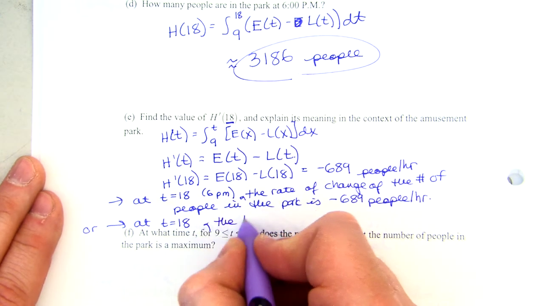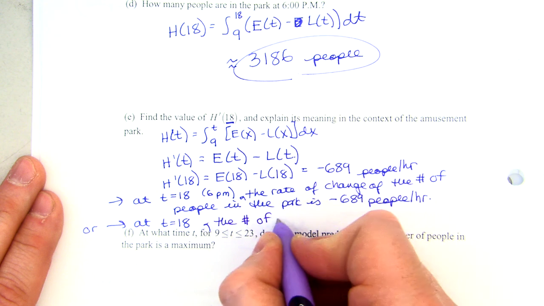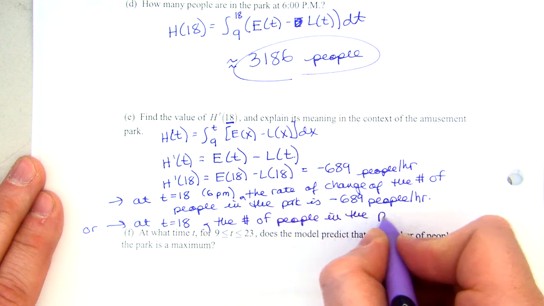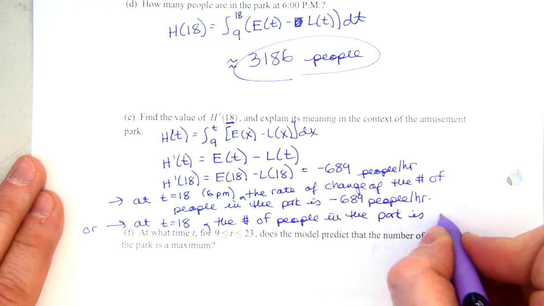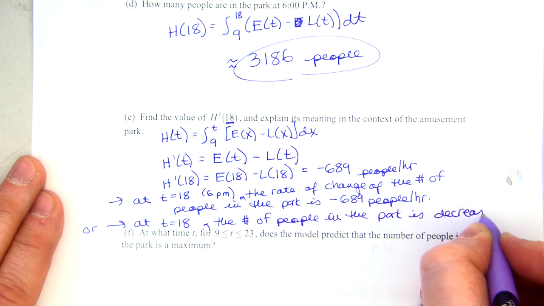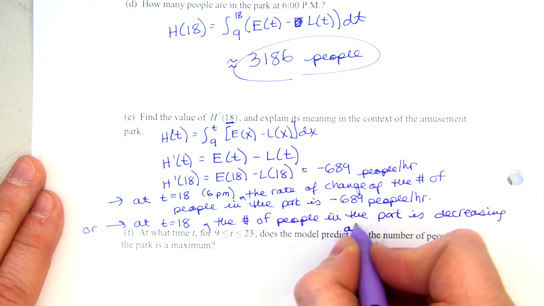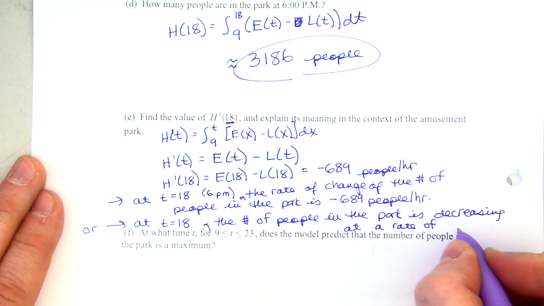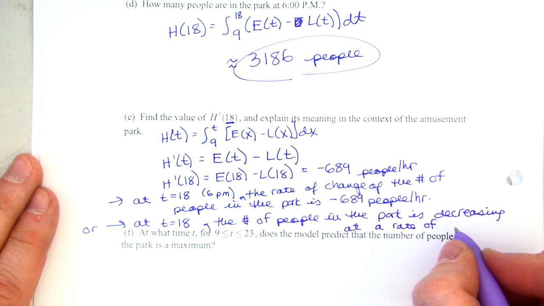So I can say that the number of people in the park is decreasing at a rate of negative 689. No, positive 689.